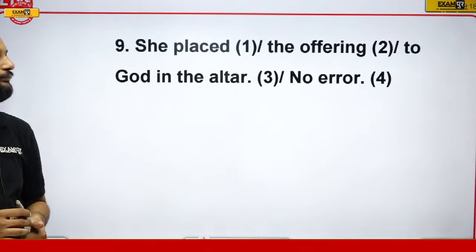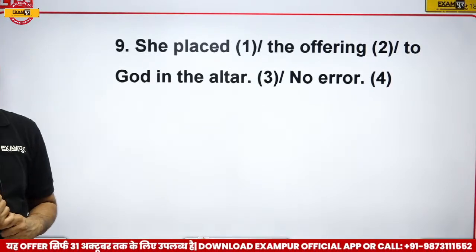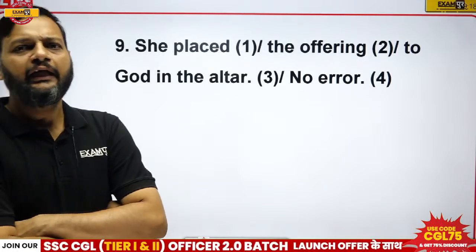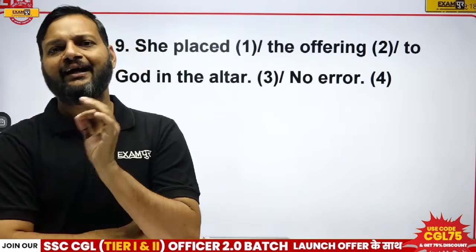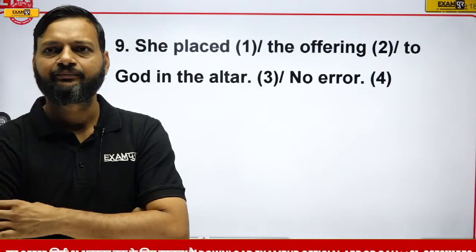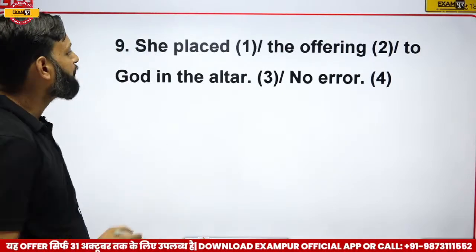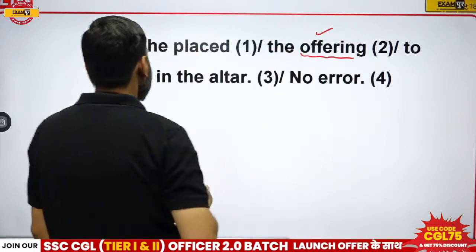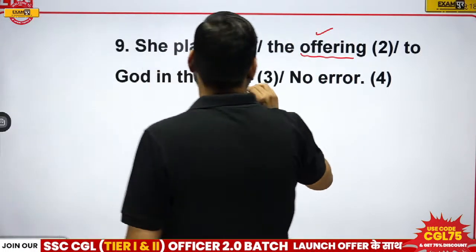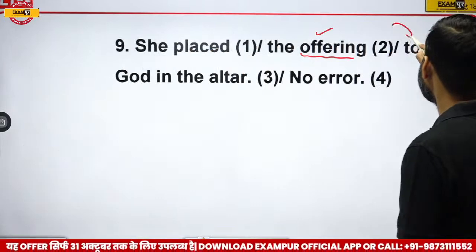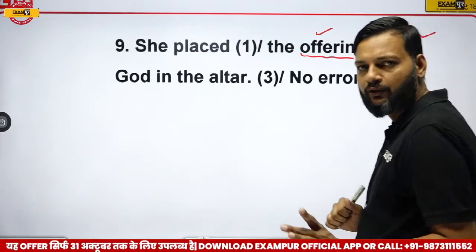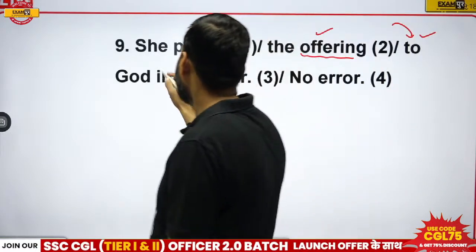What is the error? Rajendran, if you think that the third part has error, what is that error? See, she placed the offering, right, to God. So placed something to, here preposition is also right. She placed the offering to God. Okay, it's absolutely right.